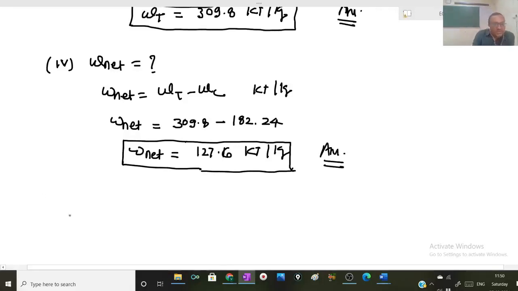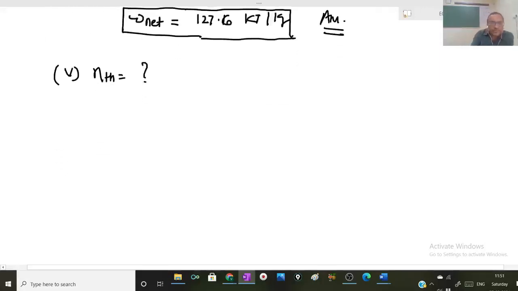Then answer number 5, thermal efficiency. The thermal efficiency formula is very straightforward: work output to the heat supplied. Work output is 127.6.